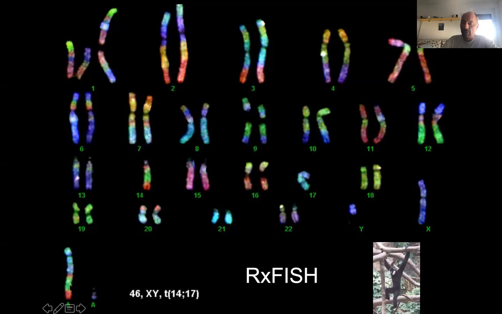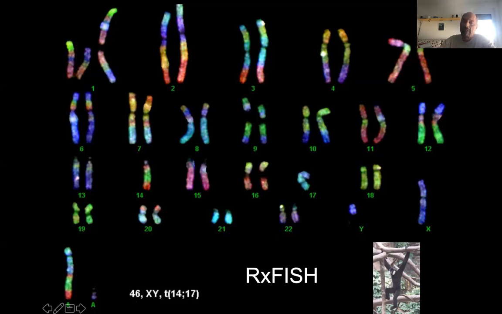The karyotype is 46, there are 46 chromosomes, XY, you see X and Y. And there is a translocation between chromosome 14 and chromosome 17. This translocation 14, 17 is shown here. These are the 2 small pieces that were broken and rejoined, so together they form a reciprocal translocation.